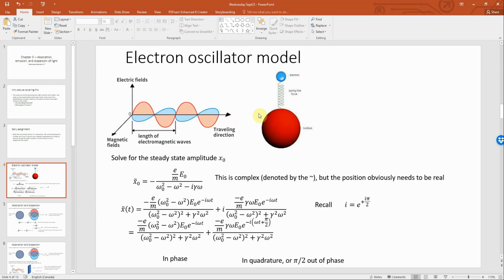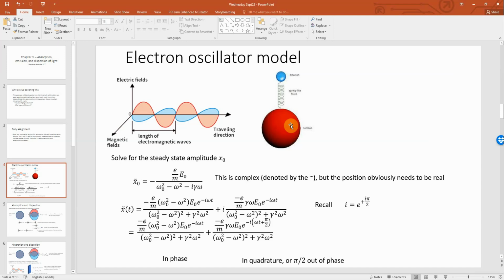Now this electromagnetic wave hits some atom here, and we're going to model this atom as an electron that's very light, and that is attached to this nucleus, which is very heavy, by some spring. We have no idea what this spring is, but it's just some kind of magical spring that allows the electron to oscillate about this fixed distance from the nucleus.